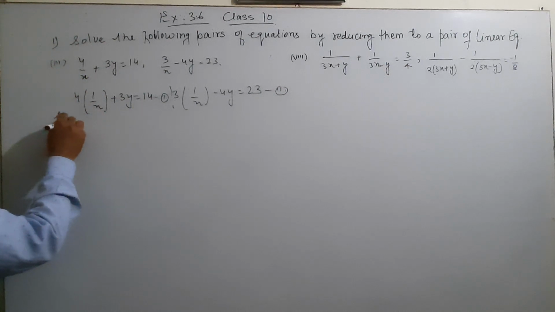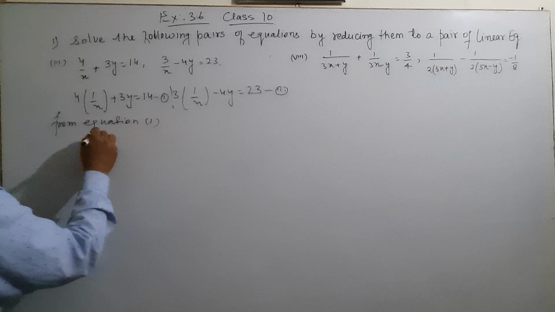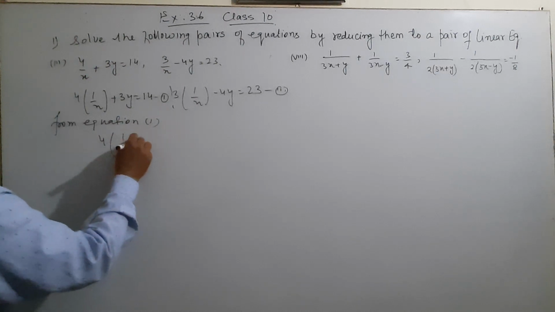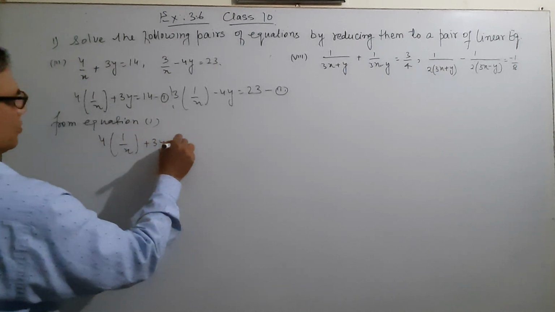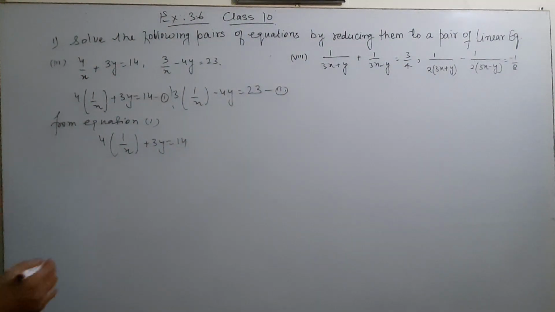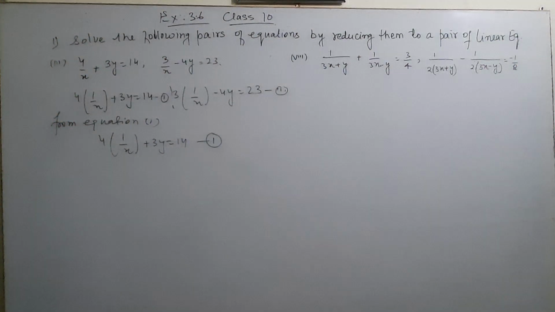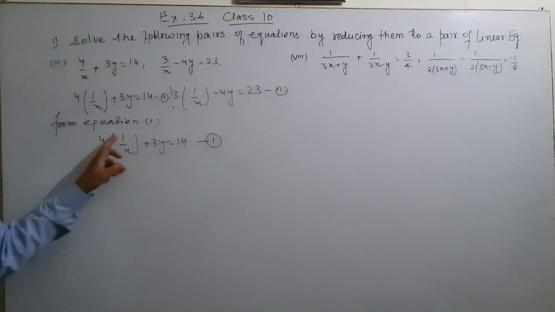From equation first, 4 bracket 1 by x plus 3y is equal to 14. What have I done? I have written the same equation. This is equation first. From this equation, we have to find out the value of 1 by x.